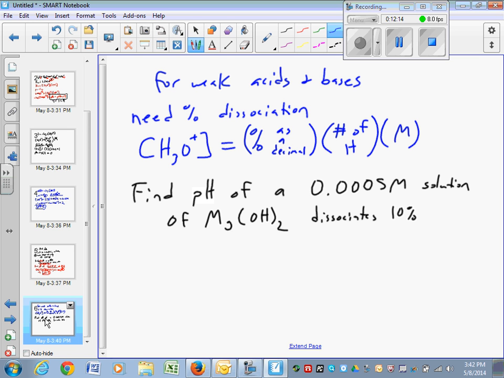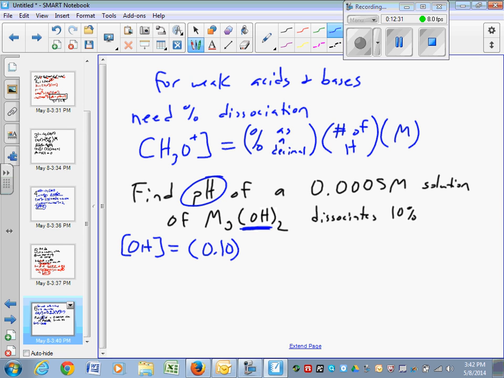So the first thing I'm going to do is find the concentration of hydroxide. I'm looking for pH, but I'm given hydroxide. So I can only find the concentration of hydroxide. I don't have hydrogens here.